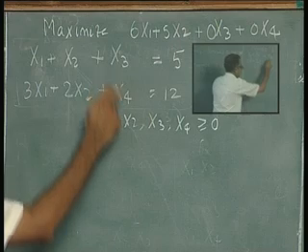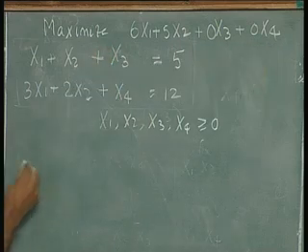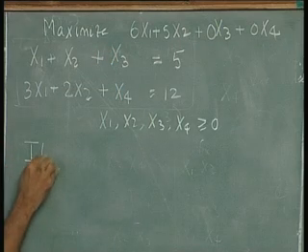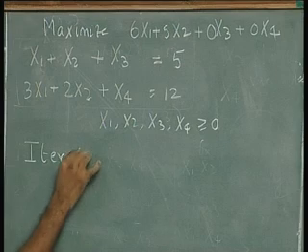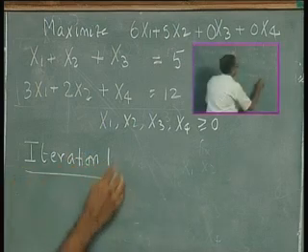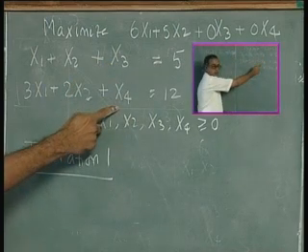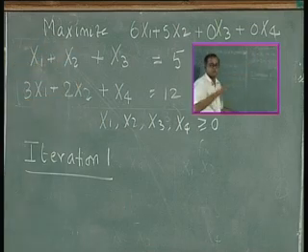So the first set of basic variables that we will be solving, we call this first iteration. We are going to solve for x3 and x4 and we are going to fix x1 and x2 to 0.